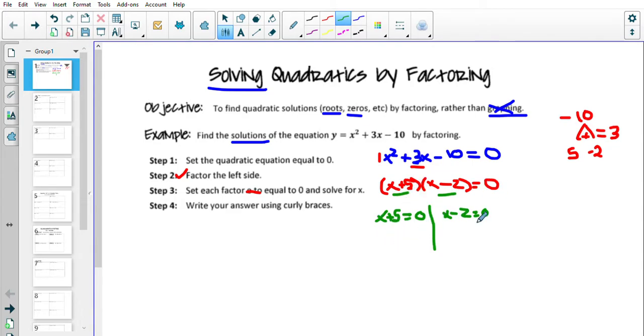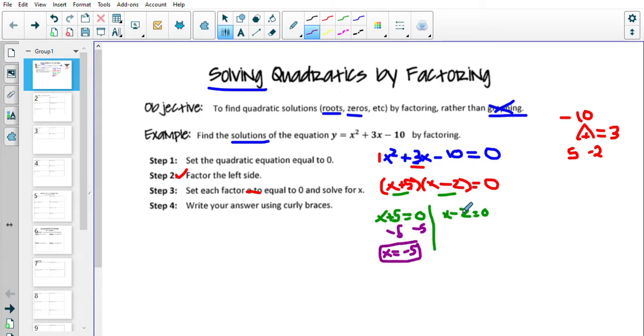What you should notice is that when you solve, it's just a one-step equation. How do I move the 5 over to the other side? Because I want to get x by itself. If I move the 5 to the other side, I subtract the 5 on both sides, and that gives me an answer of x equals negative 5 for the first one.